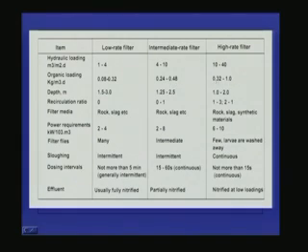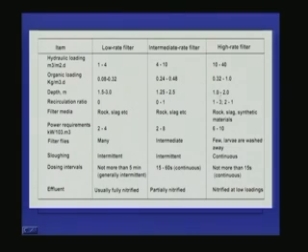So, we can see that if you go for high rate filter, we can increase the hydraulic loading as well as the organic loading rate. And the depth of the medium in low rate filter is varying from 1.5 to 3 meter, intermediate it is 1.25 to 2.5, and high rate filter it varies from 1 to 2 meters.